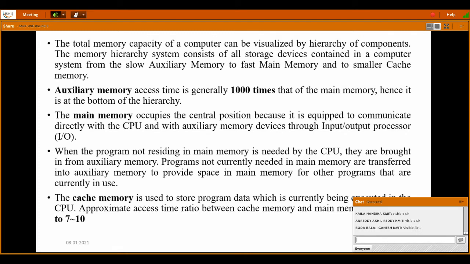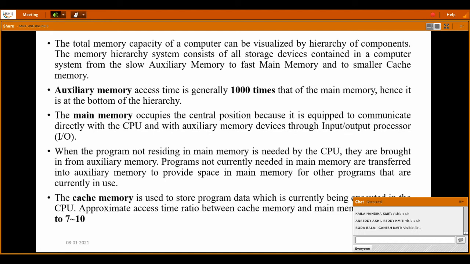When a program not residing in main memory is needed by the CPU, it is brought in from auxiliary memory. Programs not currently needed in main memory are transferred into auxiliary memory to provide space in main memory for other programs that are currently in use.